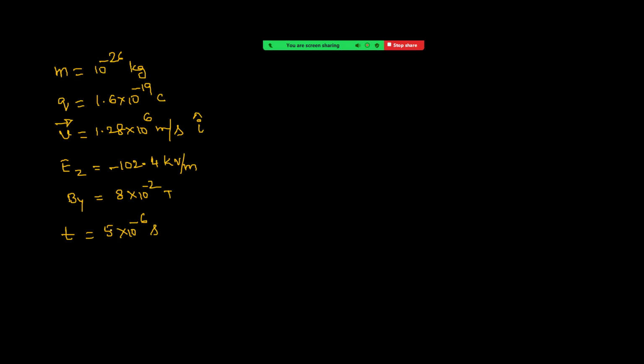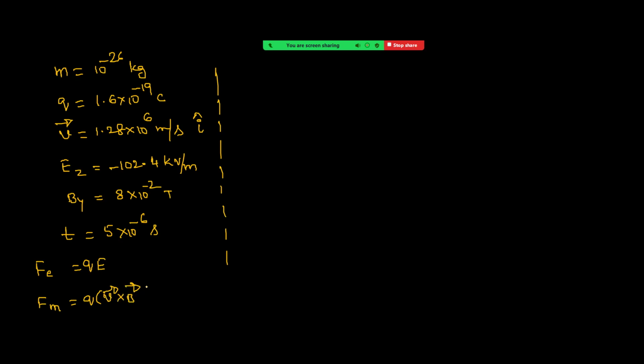Now see here what we can say. First of all, we have to focus on the net force acting on the particle. Because of the electric field, force will be qE. And because of the magnetic field, force will be q V bar cross B bar.